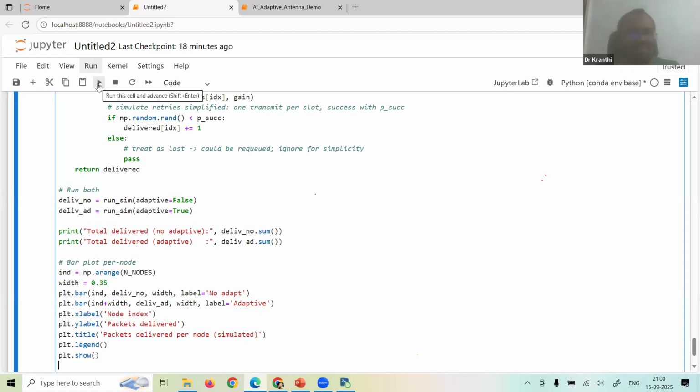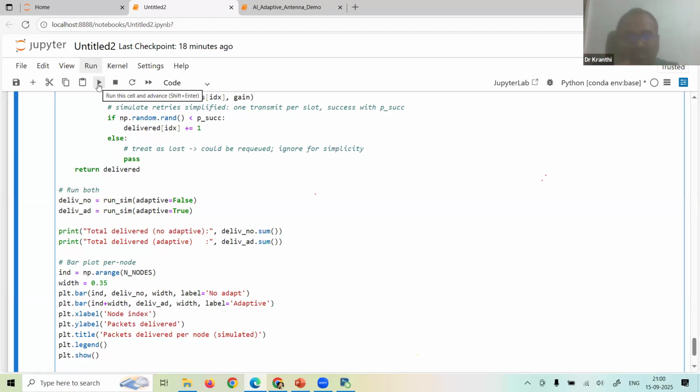We take, for example, 10 or 12 simulated nodes, randomly placed at different distances and signal strengths from the base station. The traffic model is that each node generates packets randomly, a probabilistic arrival per time slot, for which we use a random function. The success probability of the channel depends on distance.